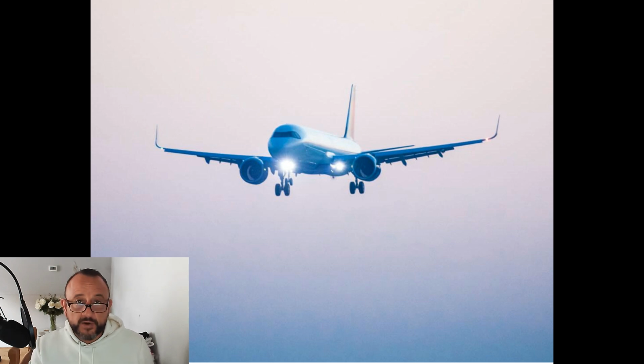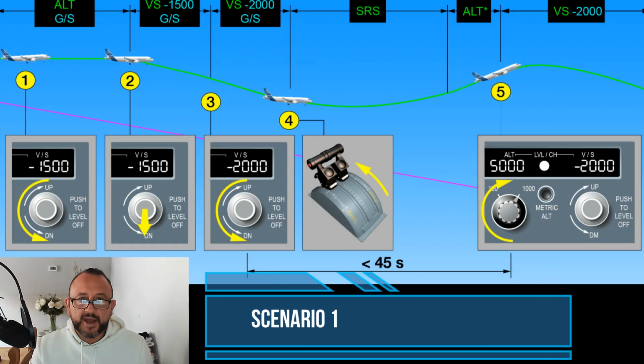But what we weren't, I would say, particularly aware of is what would happen in those same circumstances if we had pre-selected a vertical speed in the FCU, and that's exactly what happened in the case study. But it's not exclusive to that particular case, and so we look at some 3 scenarios, I think, from memory here, where the same thing could happen.